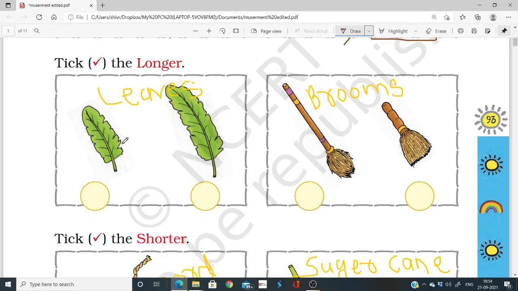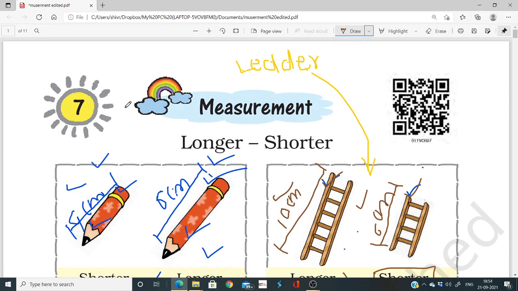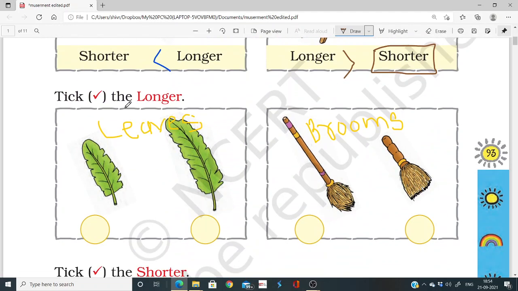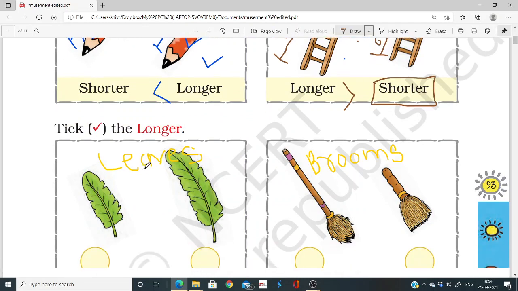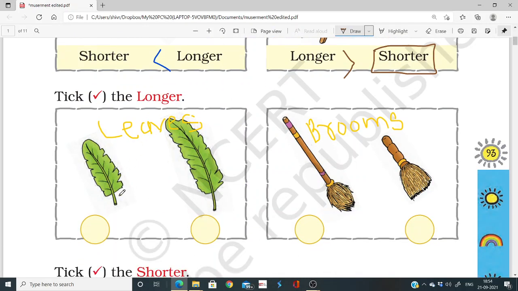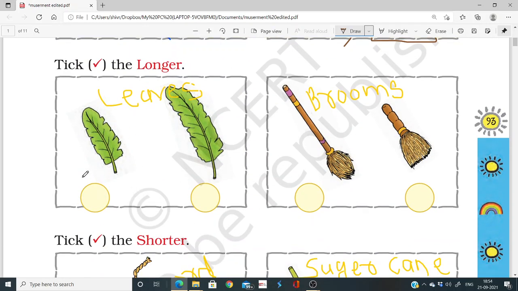Okay, take the longer. Which leaf is longer? Here you can see this leaf is longer and this leaf is shorter.